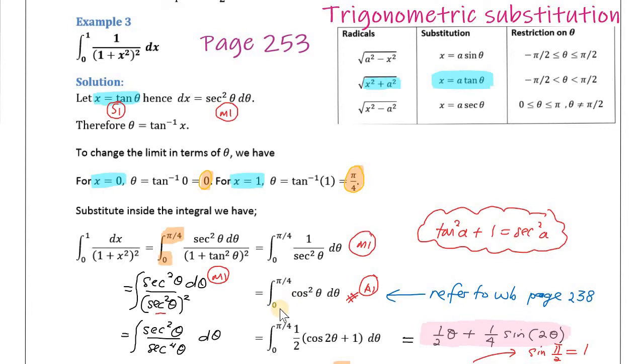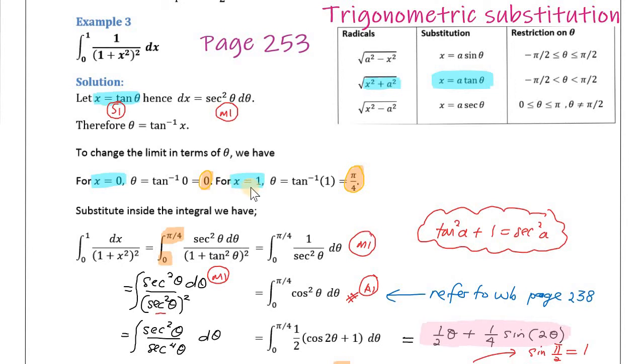And then what about the boundary? Let's change the boundary in terms of theta as well. We have x being tan theta. For the lower boundary, when x is 0, theta is inverse tan 0. Tan 0 is 0, so theta is 0.